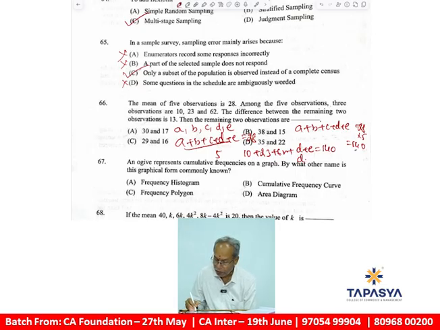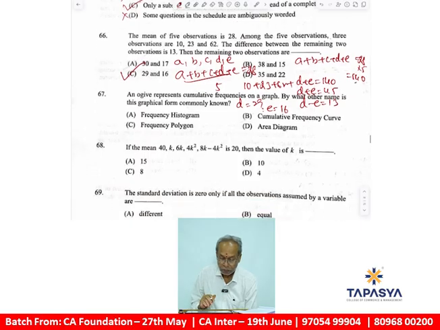So D plus E is equal to 45, and the difference D minus E is given as 13. Solving, we get D is equal to 29, E is equal to 16. So the answer is C.